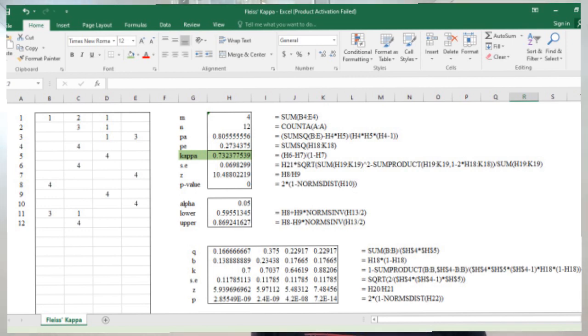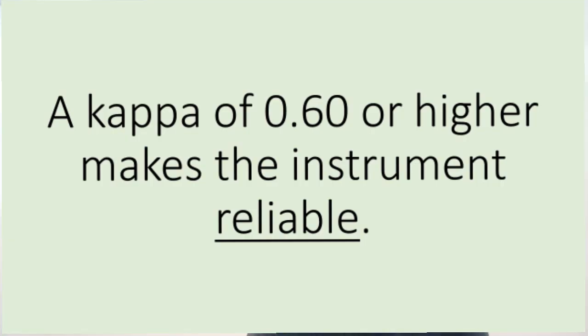And how would you know if your interview guide is reliable or not? It is recommended that your Fleiss' kappa should be 0.60 or higher. This makes your instrument reliable.